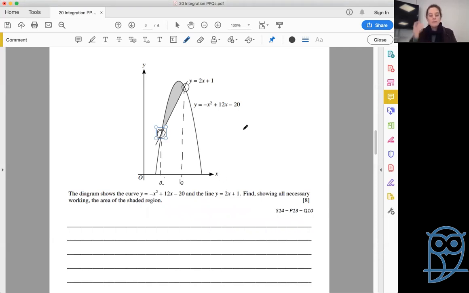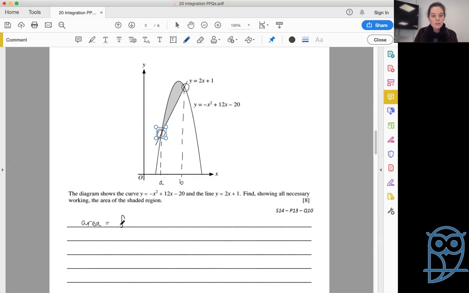Remember, when we do area under a curve, if we're doing area between two, we've got two options, when we have one intersection or when we have two intersections. When we have two intersections, we want to combine these first, then integrate once. So let's lay out where we're going.